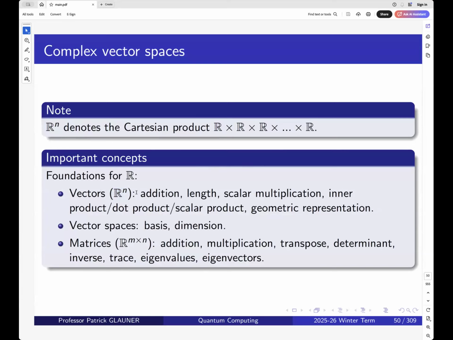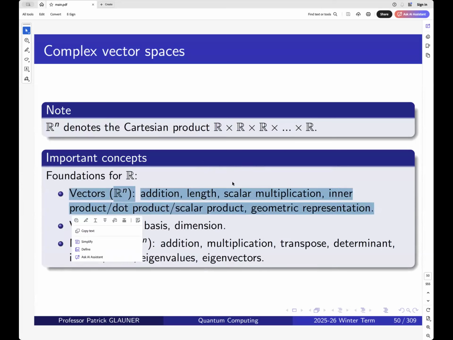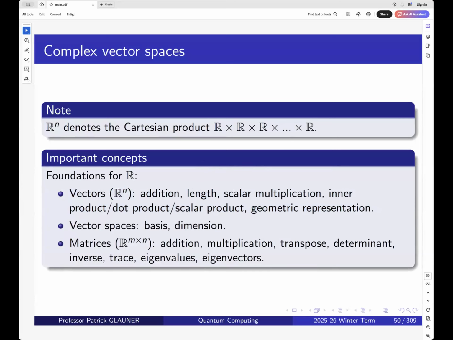And we will now briefly look into the addition of vectors, the length of a vector. We will look at scalar multiplications. We will see geometric representations. We've actually done the length and the geometric representation just before with our complex numbers. We'll briefly talk about vector spaces for which we need a basis and a dimension.